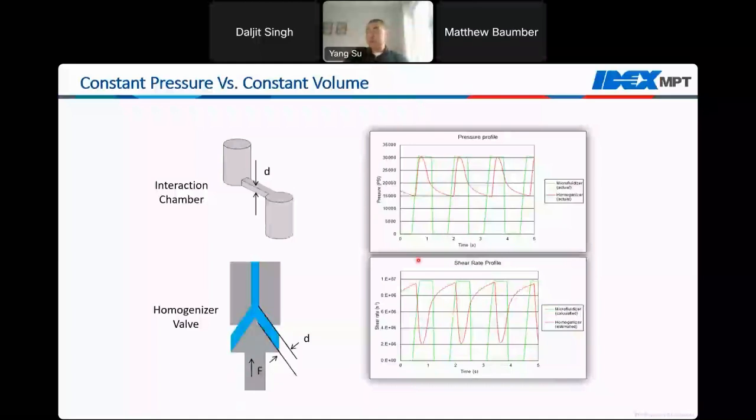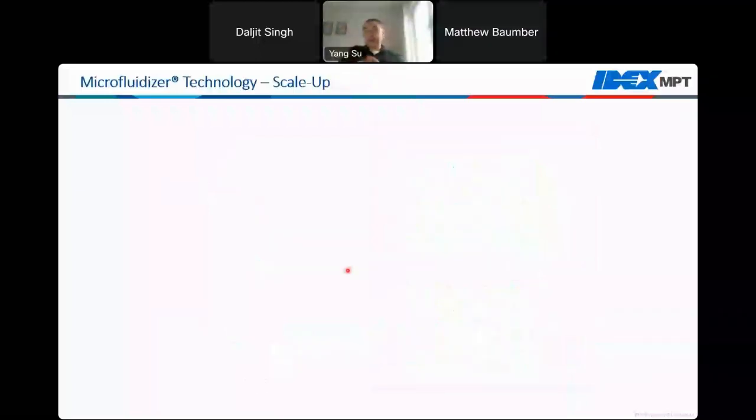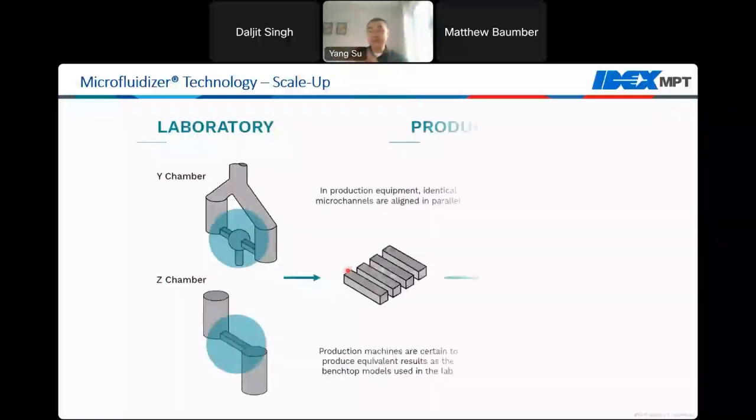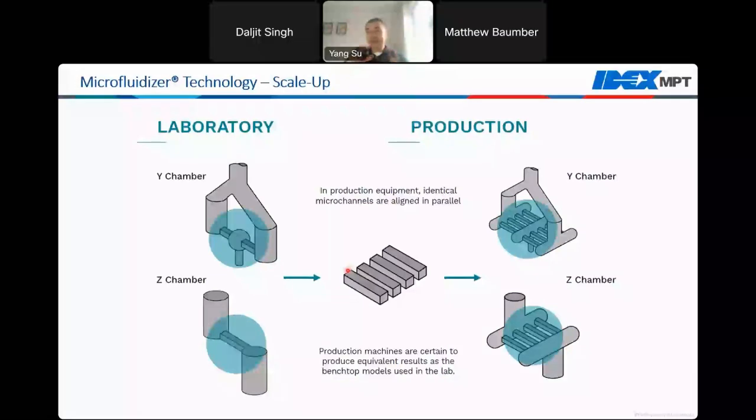And the curve shown below here is a translation from the pressure to shear rate. So that's exactly what I meant earlier by uniform treatment. You can see the variation of the shear rate versus the constant shear rate from the microfluidizer technology. Another big advantage of the microfluidizer technology is our guaranteed linear scalability. When we scale up, we don't increase or enlarge our microchannel, as in the case of a conventional homogenizer, where you usually have to use a bigger gap to allow higher throughputs.